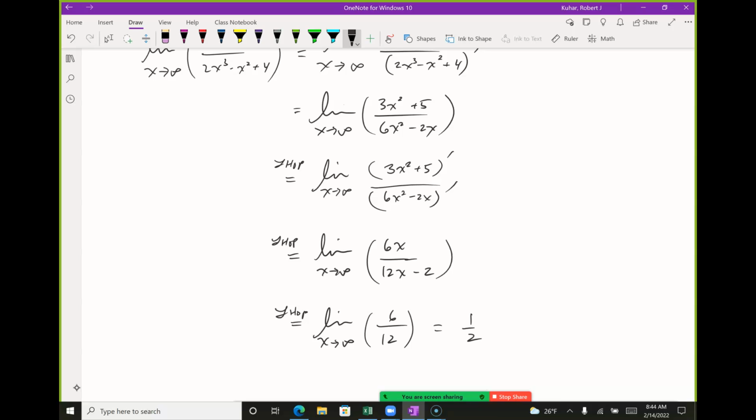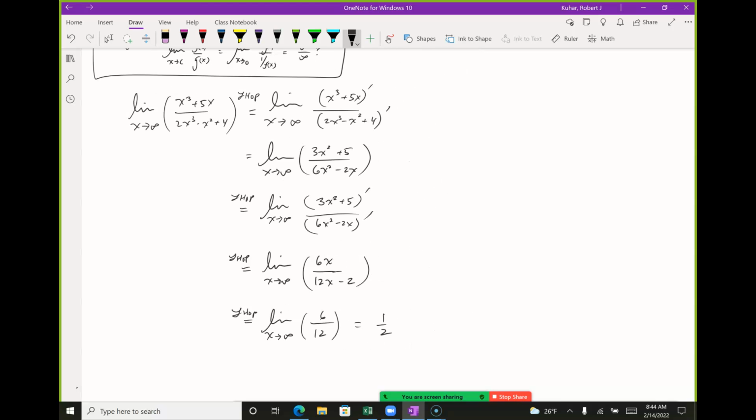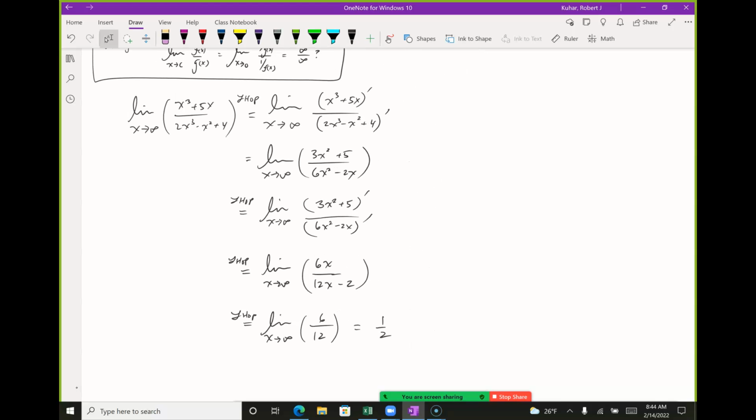You have your horizontal asymptote answer. In fact, I posted homework 3 on Blackboard, and there's one there from the book with L'Hopital's rule that you have to do. I think two or three applications of L'Hopital's rule. So you keep going until you can take the limit. This one's honestly not that bad compared to our definition of limit.